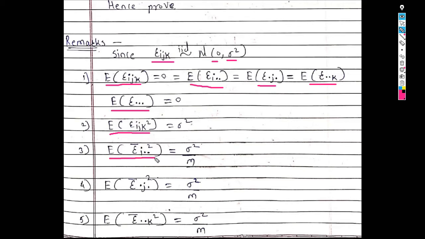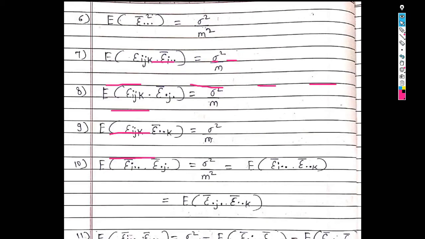Our next expectation is expected value of epsilon ijk square is sigma square. Then expected value of epsilon i dot dot bar square is sigma square upon m. Expected value of epsilon dot j dot bar square is also sigma square upon m, and expected value of epsilon dot dot k bar square is also sigma square upon m. Our next expectation is expected value of epsilon dot dot dot bar square is sigma square upon m square.